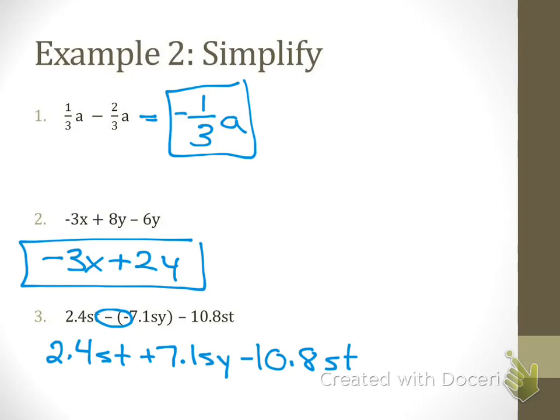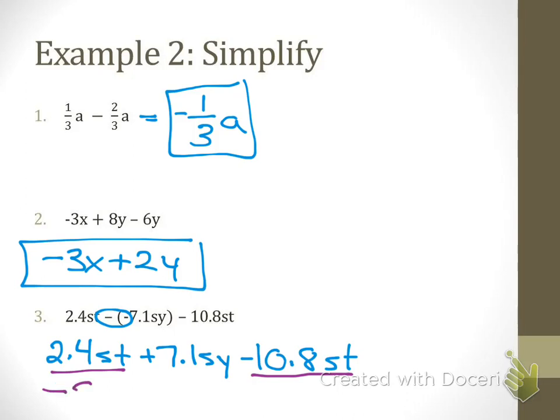Okay, now we can combine our like terms. We have 2.4 st minus 10.8 st. Calculators are probably the easiest way to do this, and you are allowed to use them. So 2.4 minus 10.8 is negative 8.4.